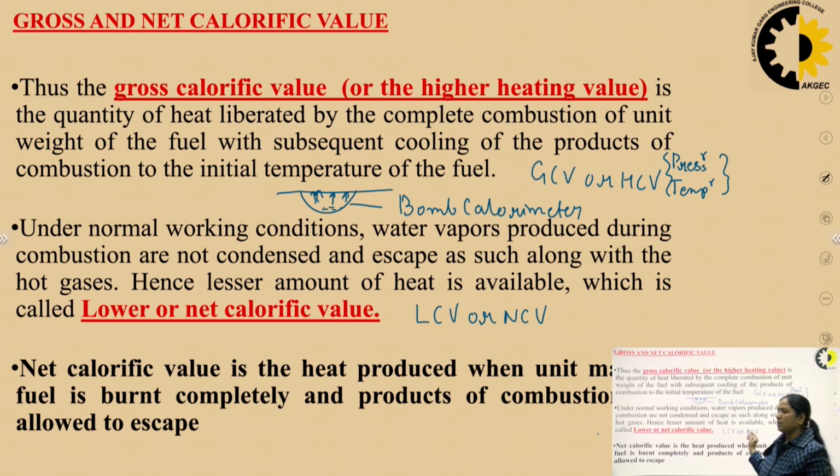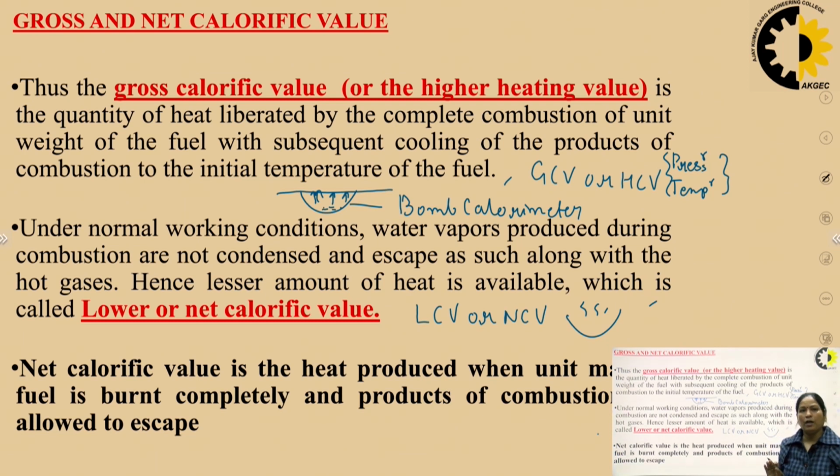And when the vapors are allowed to escape, it is known as lower calorific value. It means we are burning fuel in a particular application, not in an experiment, and the vapors are allowed to escape. This is known as lower or net calorific value. Both calorific values are equally important for practical purposes.